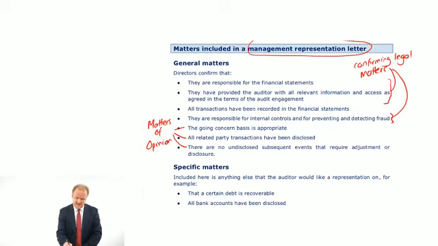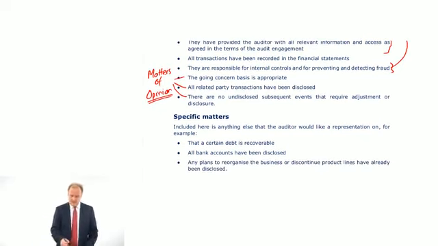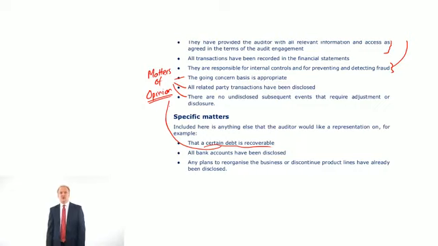So the idea is, wherever there are things in the accounts that are subjective, estimates, matters of the director's opinion, we get them to confirm it in writing. Again, if there are outstanding debts and we're not sure whether they'll receive them or not, if the directors say, yeah, we're sure we'll get the money, fine, get them to write it down then.